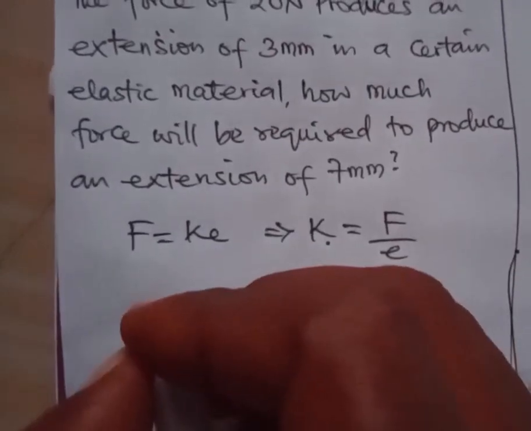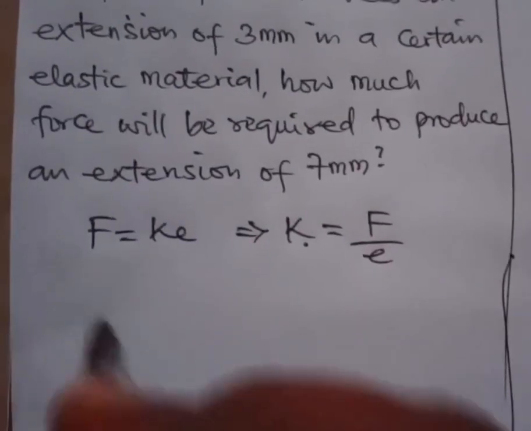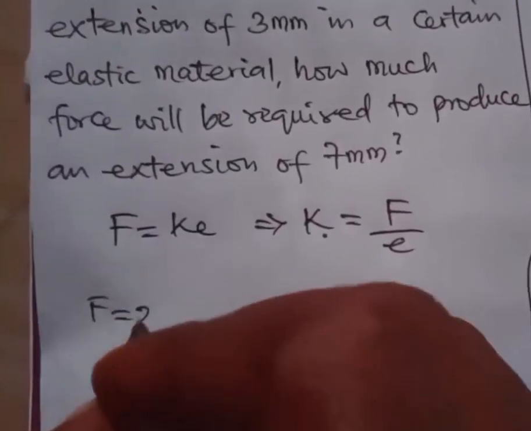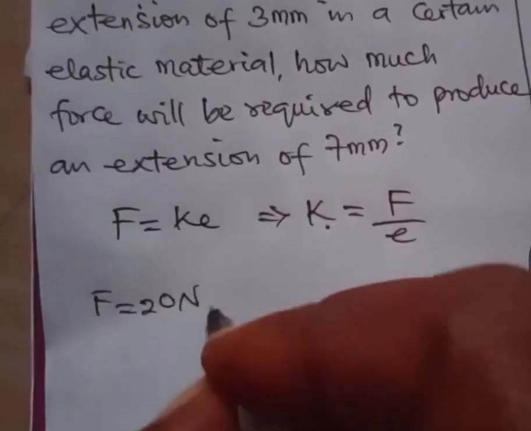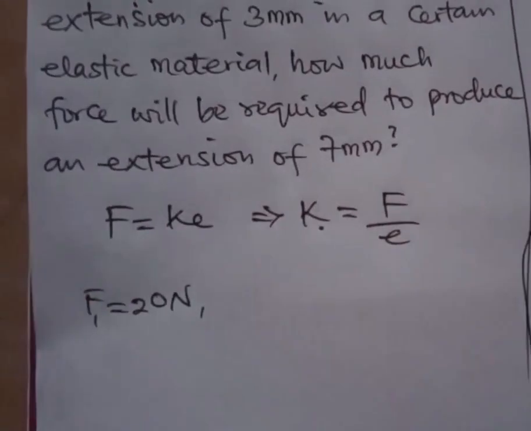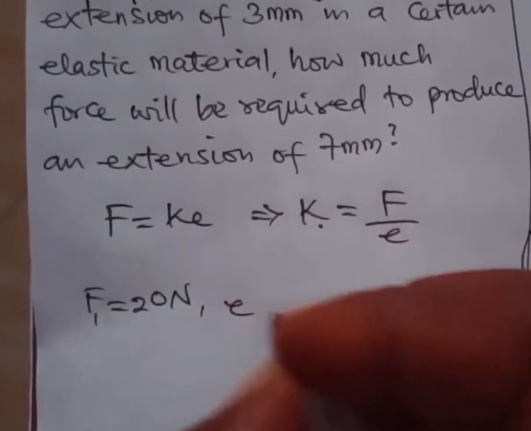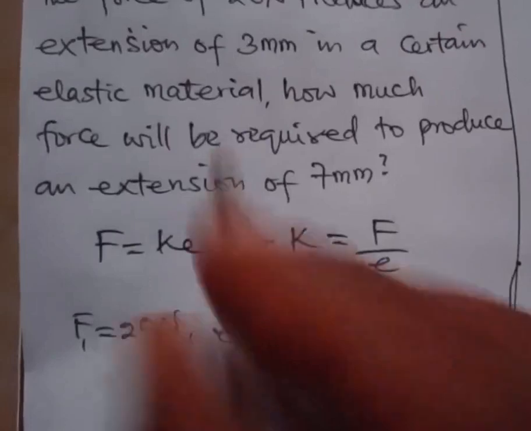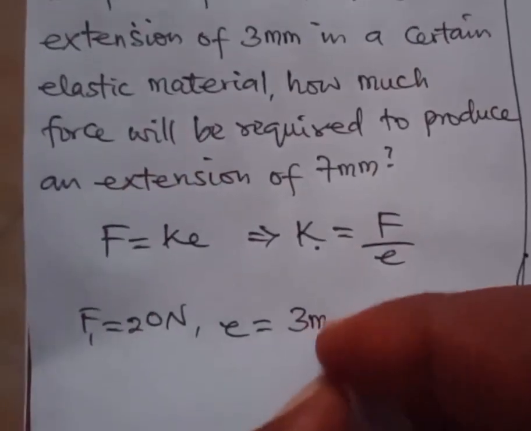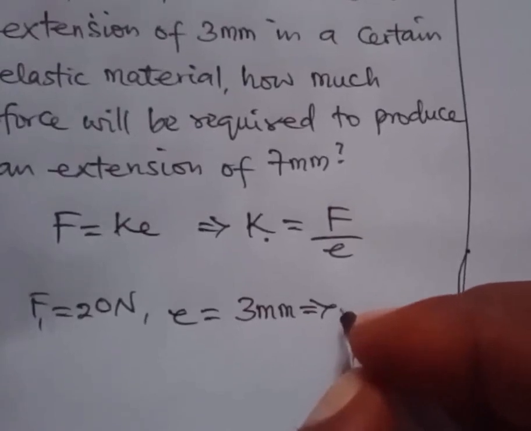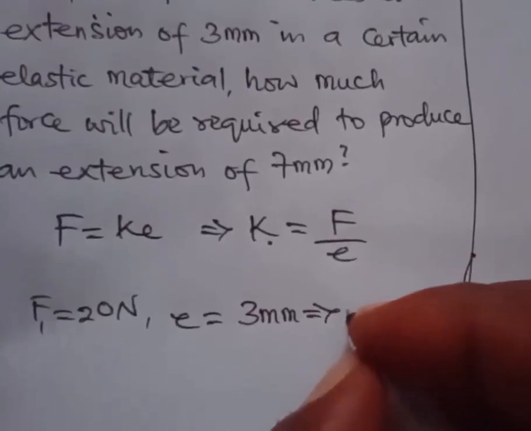The F given to us is 20 Newton. If we call it F1, then the extension that it produced was 3 millimeters. And we will not use this in millimeters. Rather, we'll convert it to meters by dividing it by 1000.